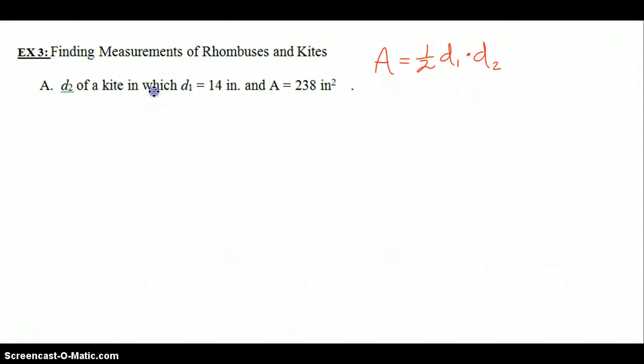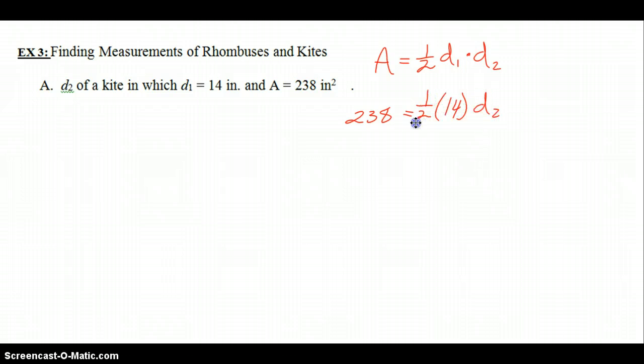So in example 3a, we are given one diagonal and the area and asked to find the other diagonal. So we set up our equation to match this formula. We know the area is 238, so we fill in that for A, and we can do half of diagonal 1. Diagonal 1 is 14, and then do diagonal 2 as D2. So this is what we want to find.